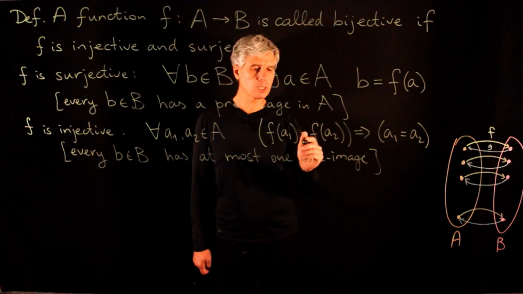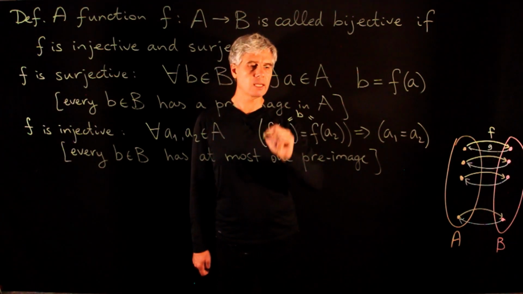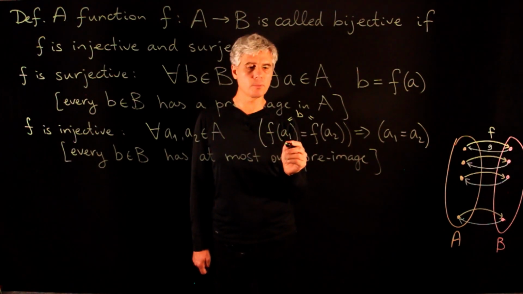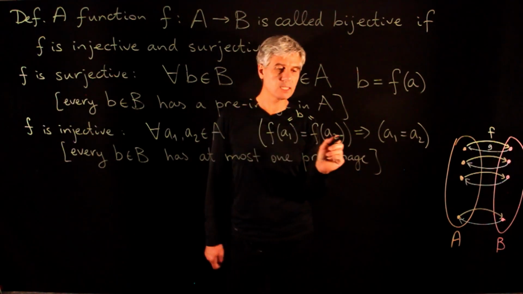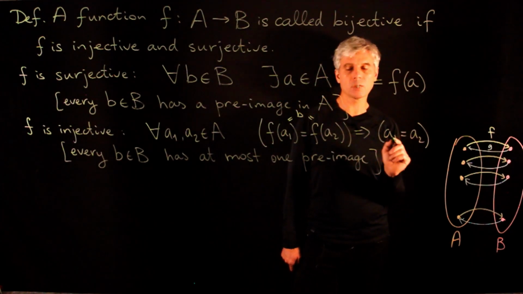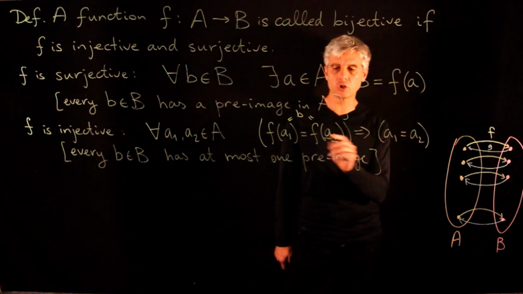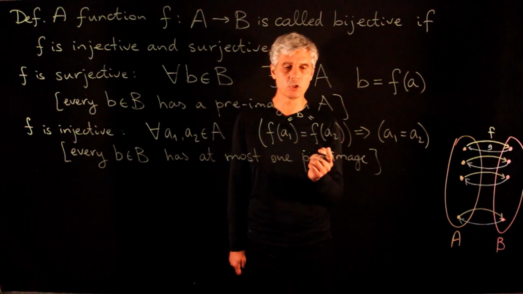So suppose an element b here has two pre-images. So this equality says that a1 is a pre-image of b and a2 is a pre-image of b. So injectivity says that this implies that a1 is equal to a2. So this means that this definition of injectivity precludes b from having two distinct pre-images.